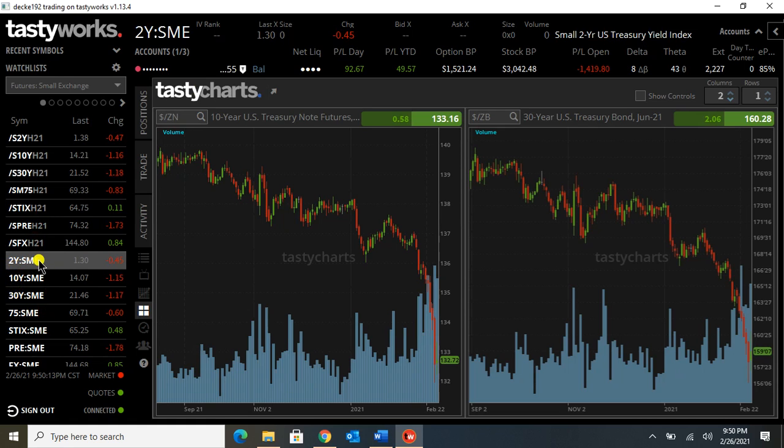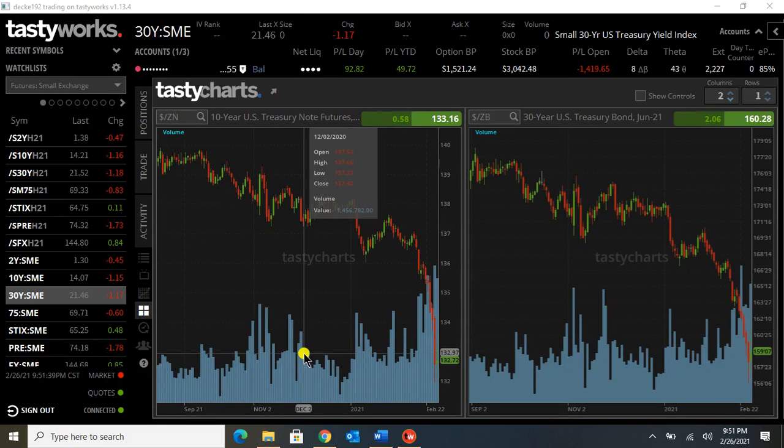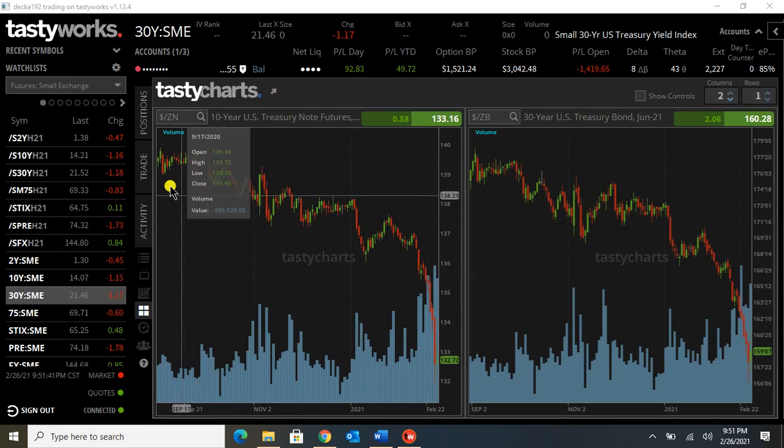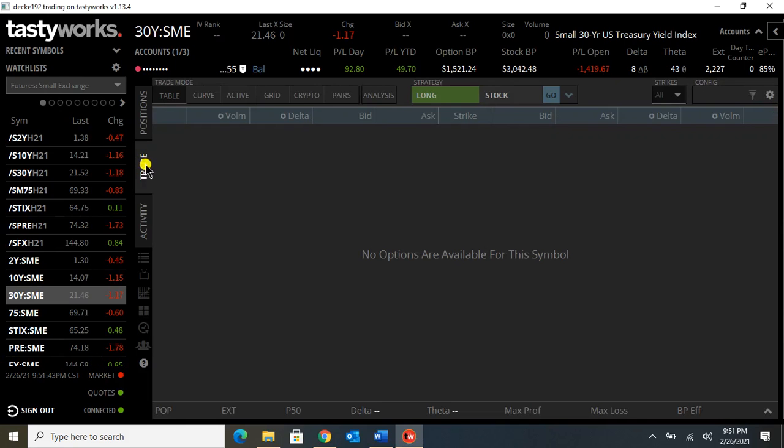So 2Y SME, 10Y, 30Y. So these are going to vary a little bit, but at expiration of the future, this is what they'll settle to.